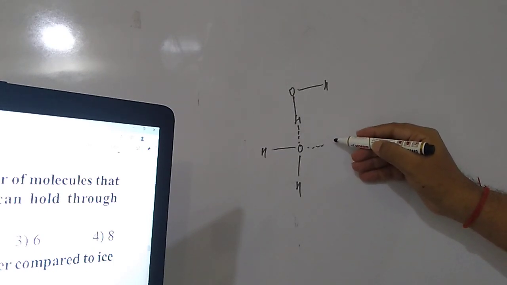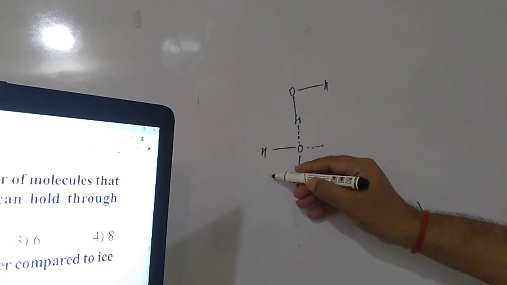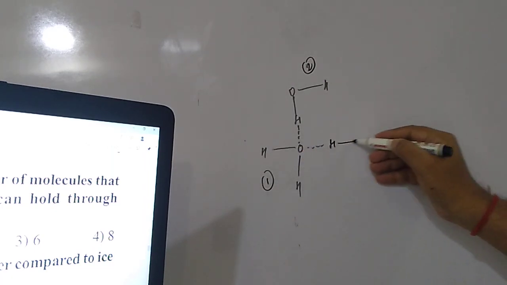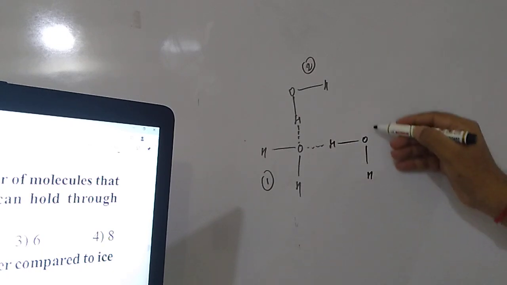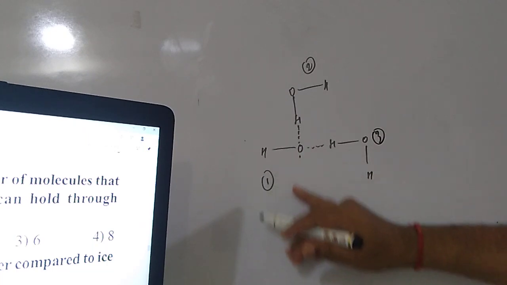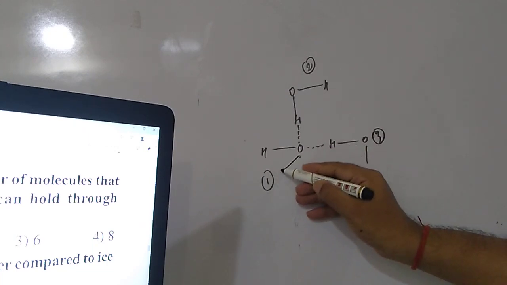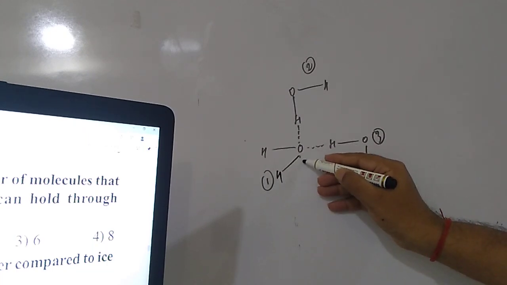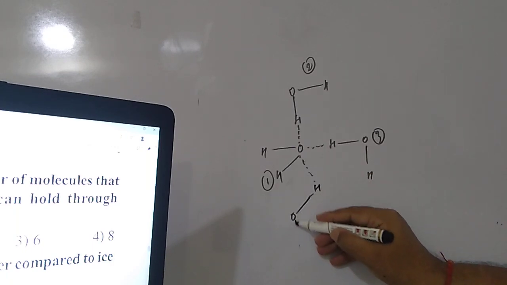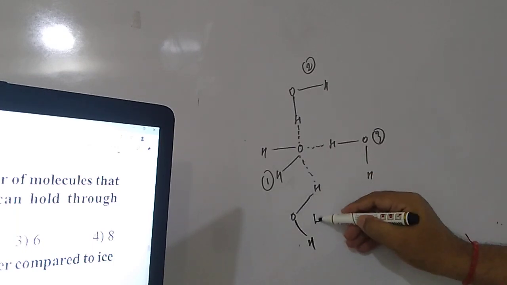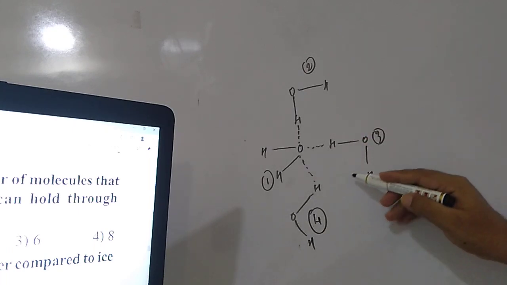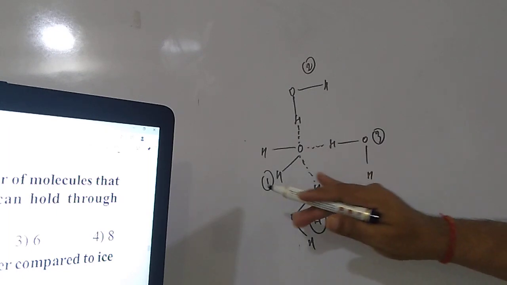Here you can see one molecule is there, 1, here is 2, and here hydrogen is there, H, O, and this is the 3, and one more is possible, student. Here one more is possible, H, O, and here H. So how many hydrogen bonds are possible, student? You can check, 4 is possible.